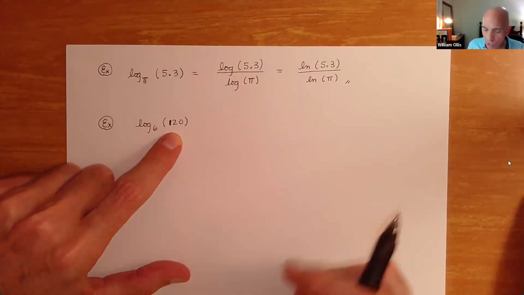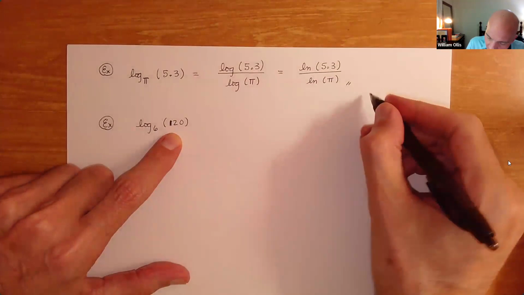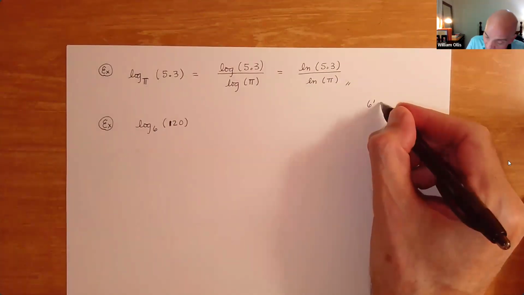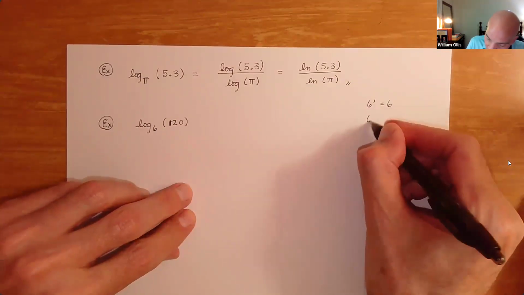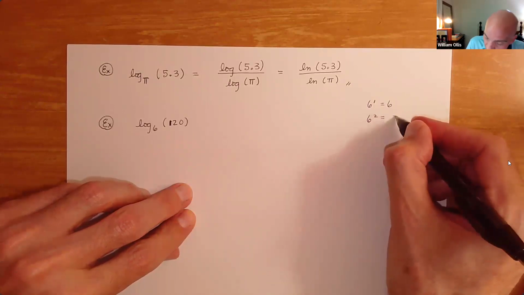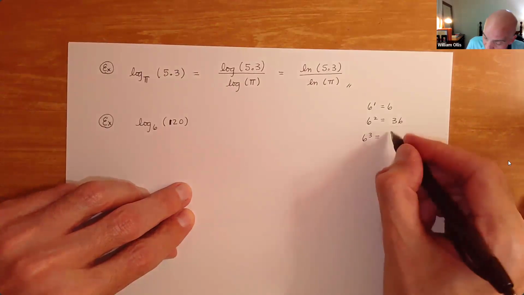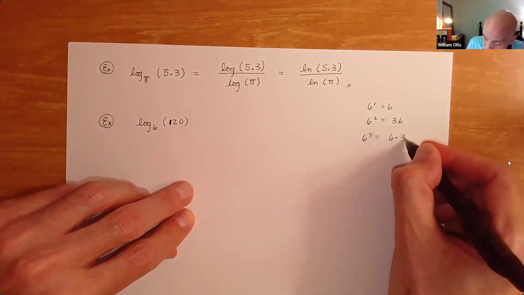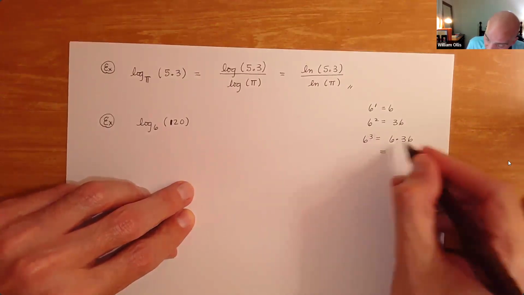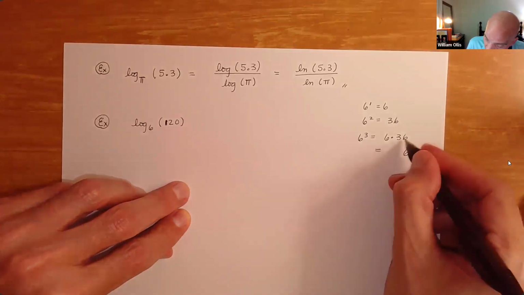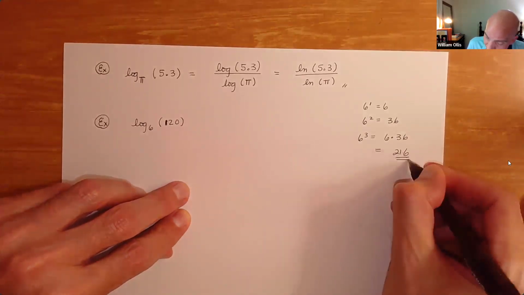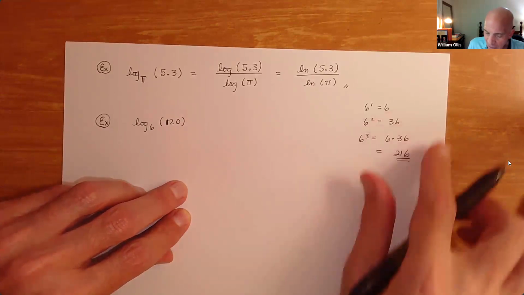We're used to base 2 in computers, but we think of 6 to the first power, of course, is 6. 6 to the second power is 36. And 6 to the third power is just 6 times 36, so that gives us 216. Okay, so that's going to be kind of large here.